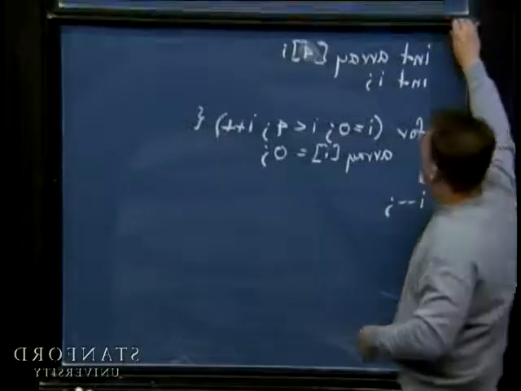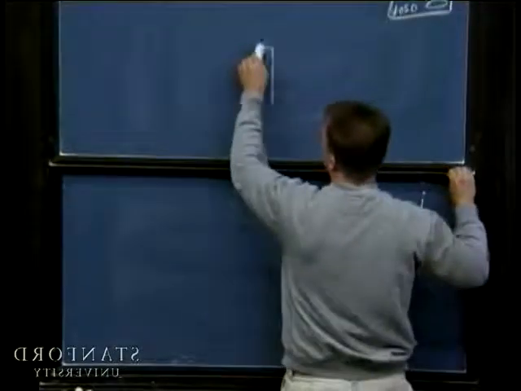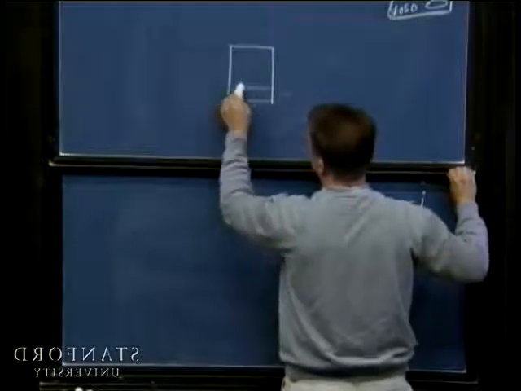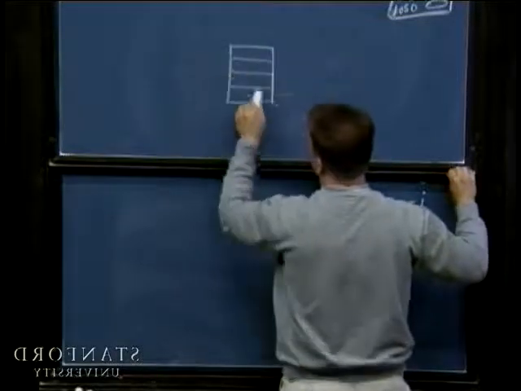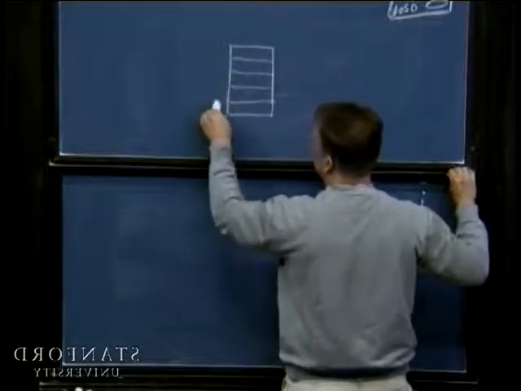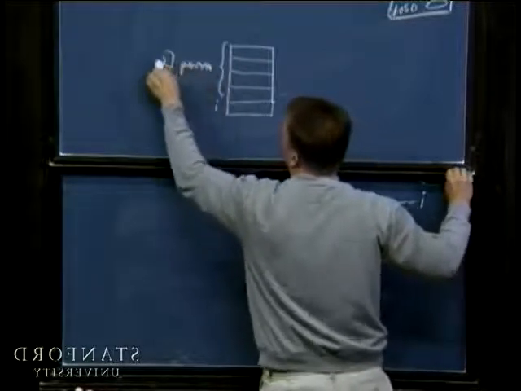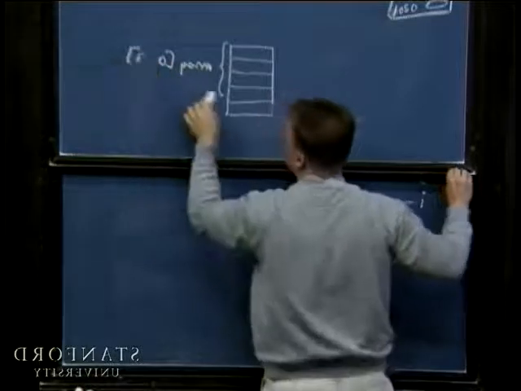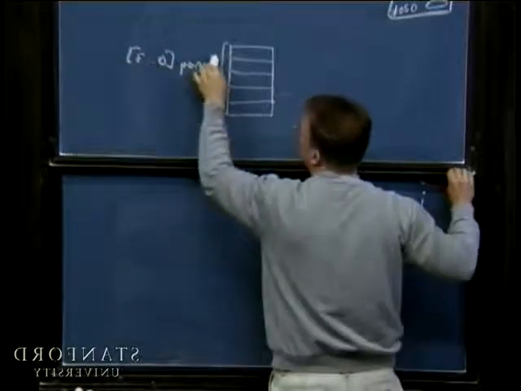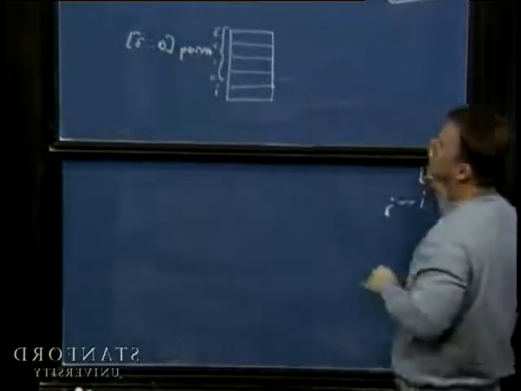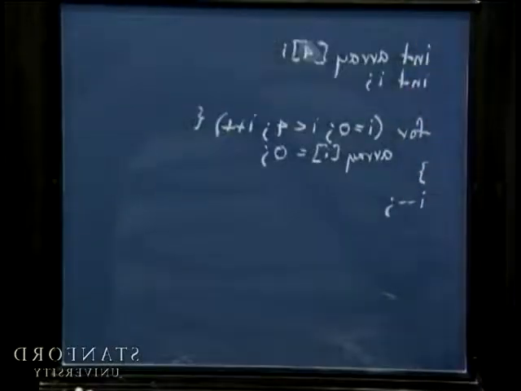Let me draw the picture. The way this would be laid out is that I'd have 16 bytes with 4 more bytes below it. That's I. This is array of 0 through 3, but I'll emphasize that this is the 0th, the 1th, the 2th, and the 3rd. Okay, and assume that R1 points to the base address of the entire figure.